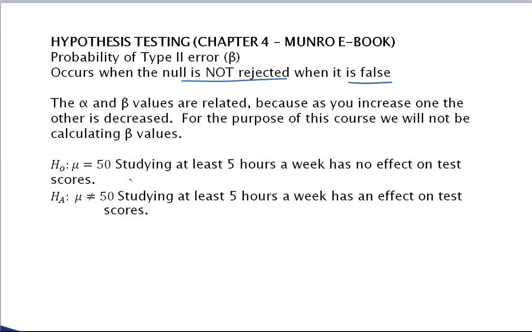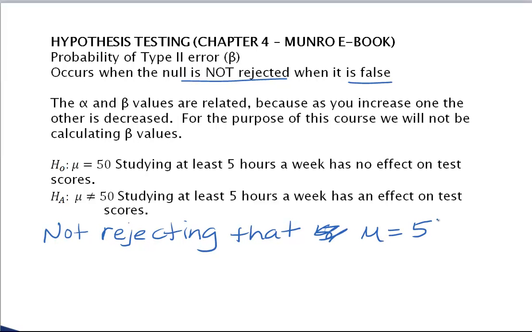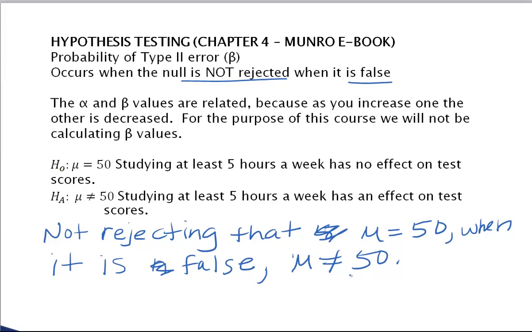Just know how to interpret a type 2 error. So here, in a type 2 error, we're saying that the null is not rejected, or sometimes your book calls it accepting the null, that the population mean equals 50, and that studying at least 5 hours a week has no effect on test scores, when it is actually significantly different than 50.